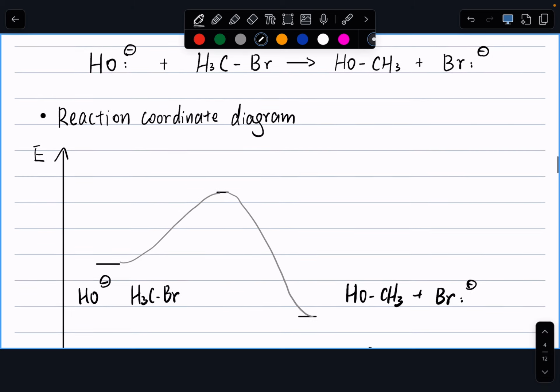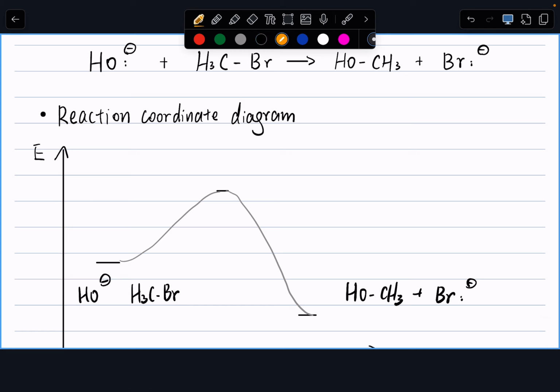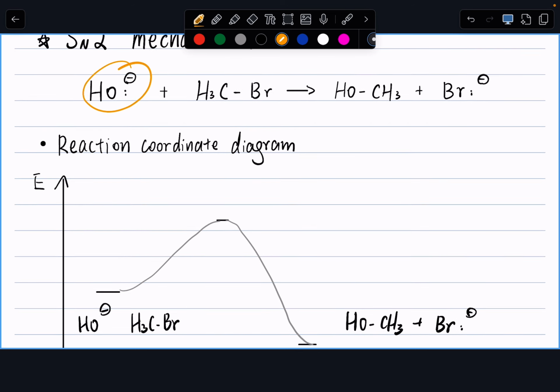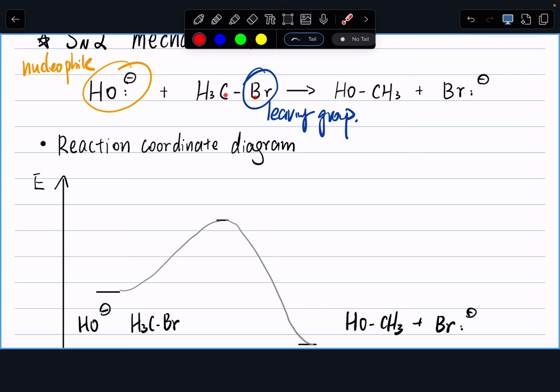If we're identifying the names of the contributing parts in this reaction, my OH minus is my nucleophile, and my Br is my leaving group. In this concerted pathway, we are breaking the carbon-bromine bond while forming the carbon-oxygen bond. If we draw the transition state out, it will look like this.